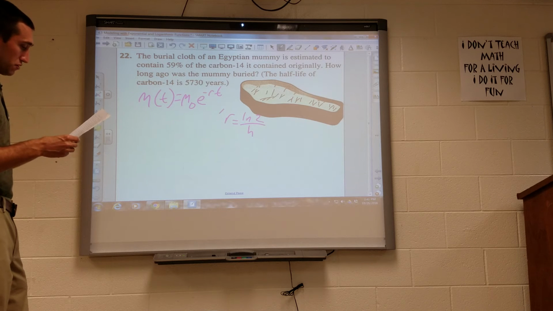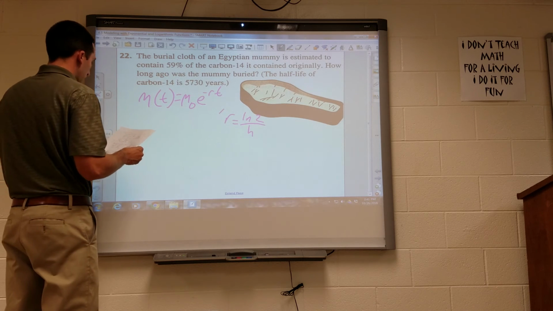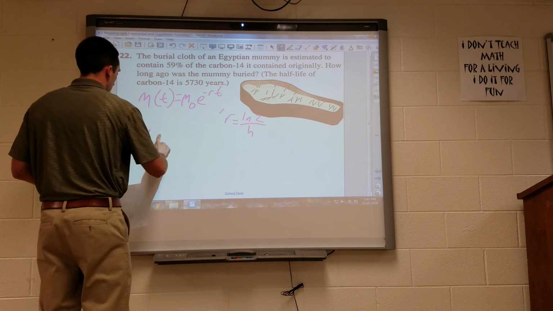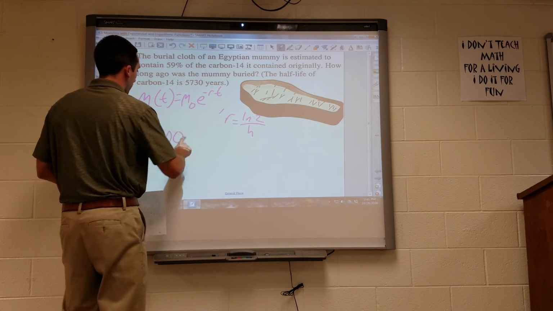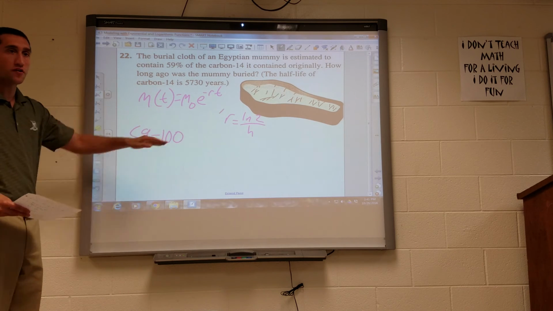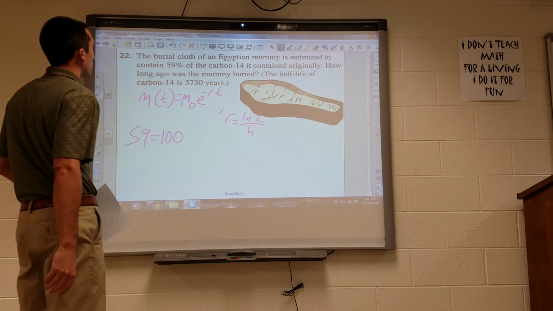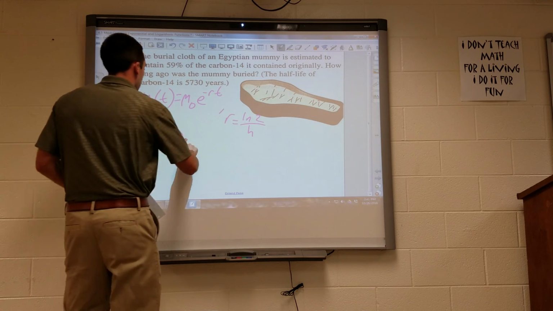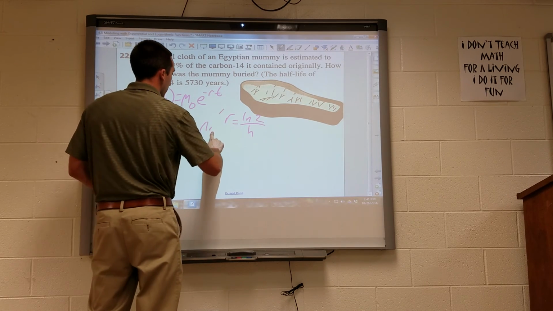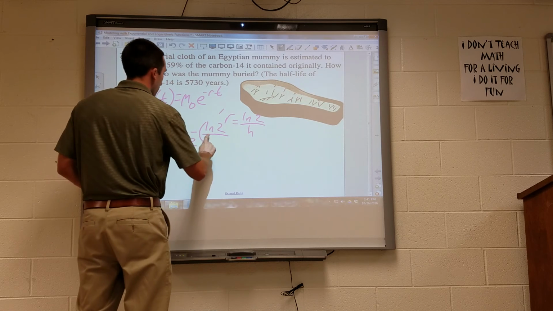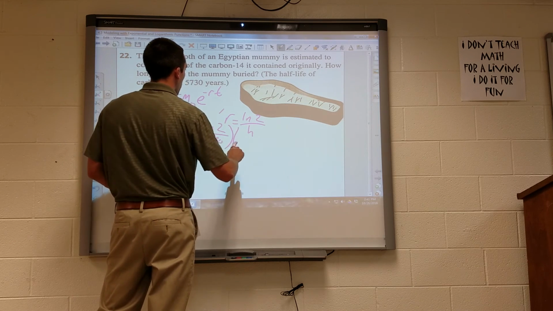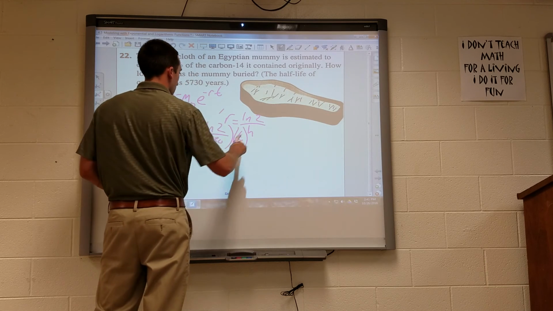So the first thing I'm going to do is, let's see, I have 59% currently. I started with 100%, right? It's only 59% of the carbon-14, but obviously it started with 100% when they first put the cloth on the mummy. And that's multiplied by e to the negative, and then my rate is going to be ln of 2 divided by the half-life of 5,730, and then that is all multiplied by t, right?